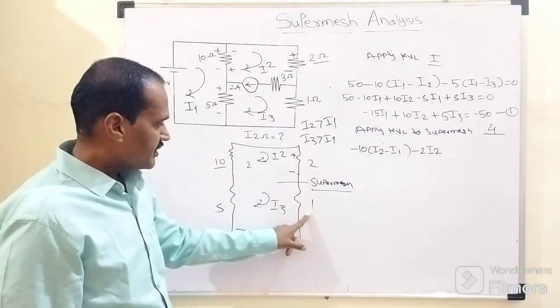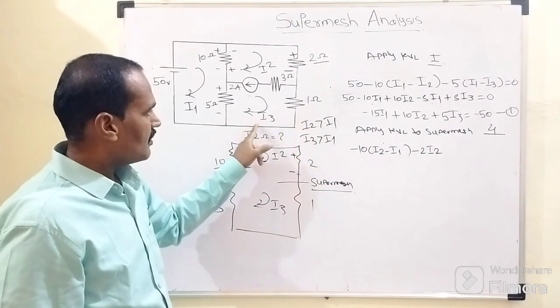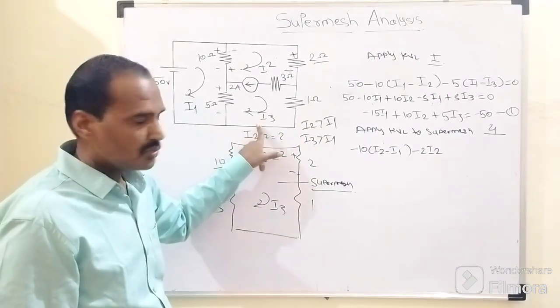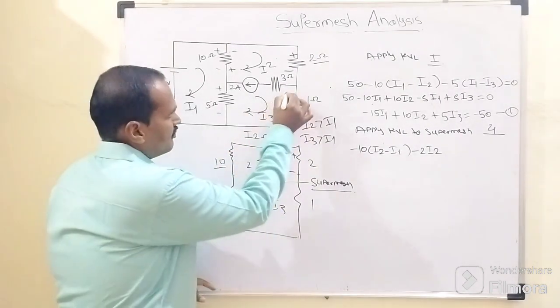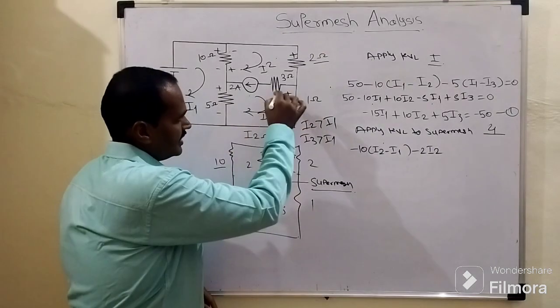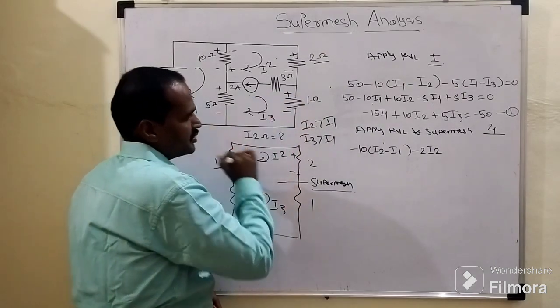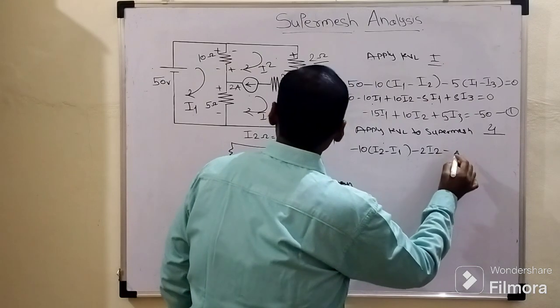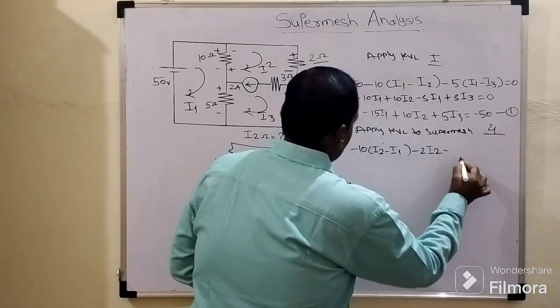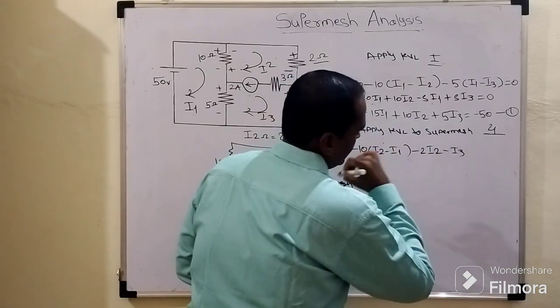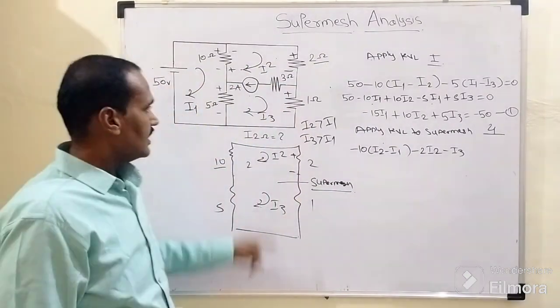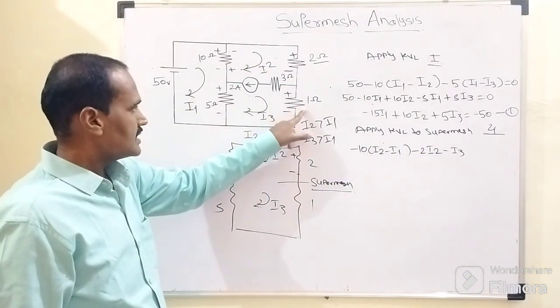As far as this 1 ohm resistor is concerned, through this 1 ohm resistor purely there will be a circulation of I3. How does I3 flow? Again top to bottom, as we need to closely follow the direction of the assumed current, so it will become minus I3, right? Because purely I3 flows through this 1 ohm resistor.